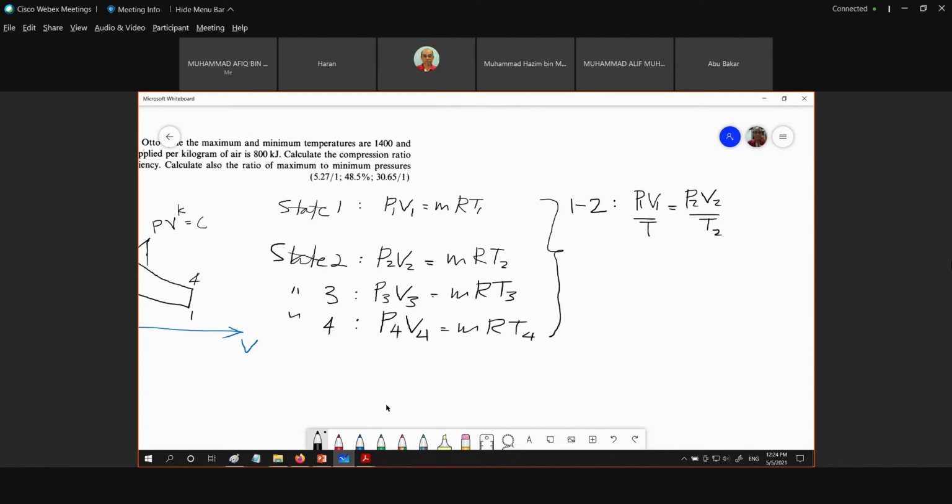How do we get this equation, guys? P1 V1 over T1 equal to P2 V2 over T2. Remember, we have learned this in our thermodynamics. How do we get that equation?